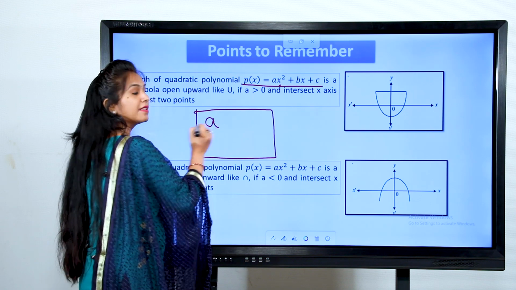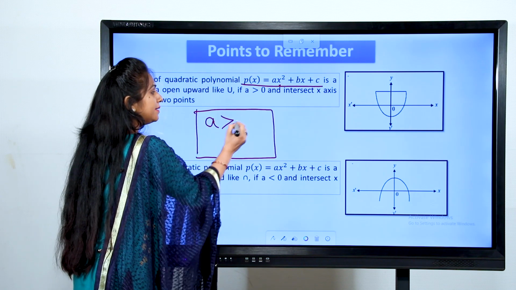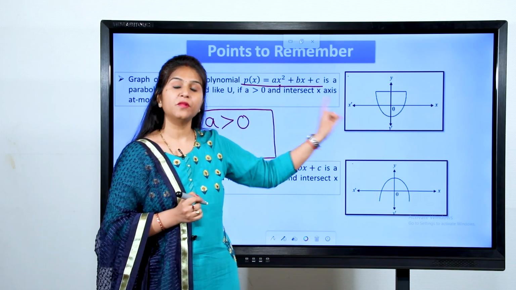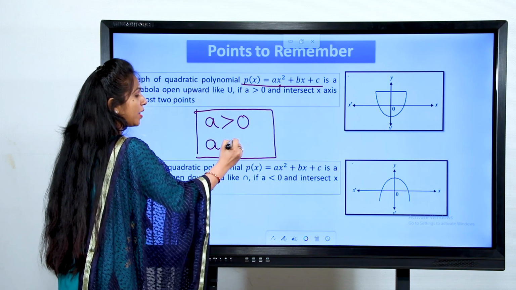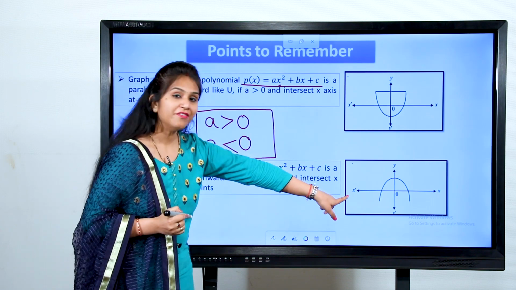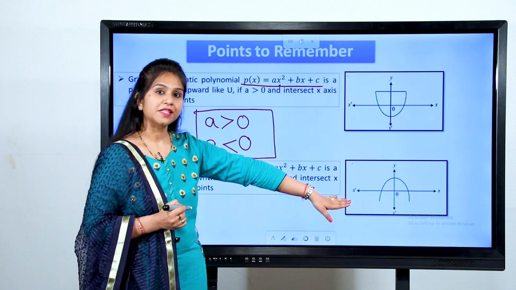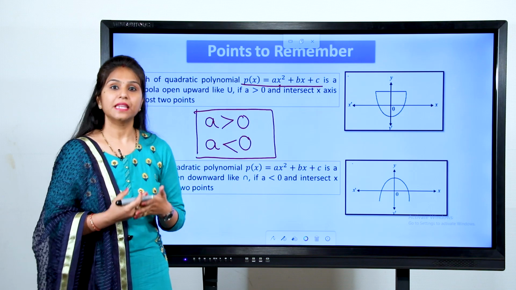If a, the coefficient of x², is greater than 0, then we are going to get an upward parabola. But if the coefficient of x² is less than 0, you can see this graph is for the second case, where the coefficient of x² is less than 0, meaning it is a negative number.